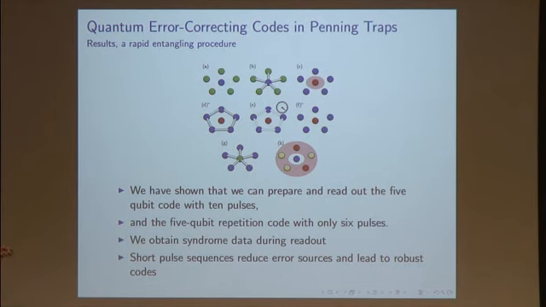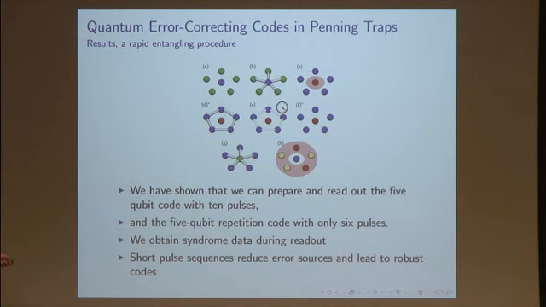What's really great about this is that even for the 5-qubit code, we can do this entire procedure in just 10 pulses, like zap, zap, zap, and the information is in and out with syndrome information as well. And if we want to do the repetition code, which is also worthwhile, we need only 6 pulses.